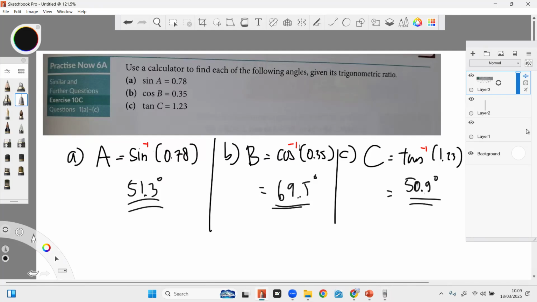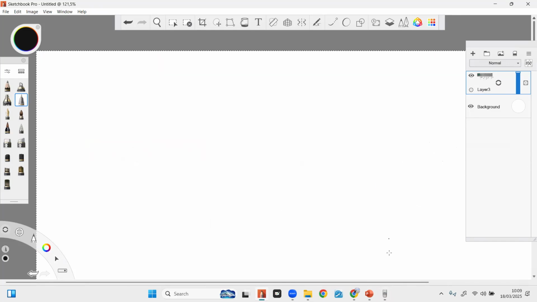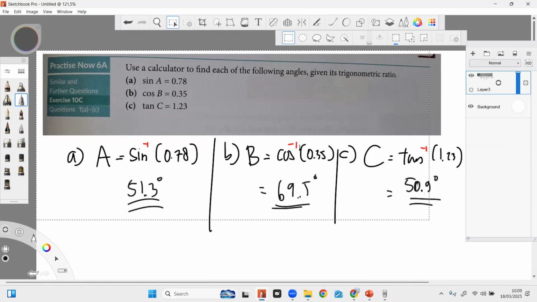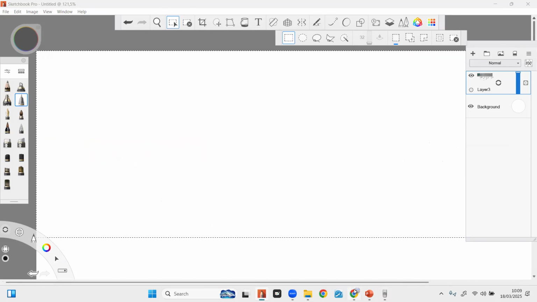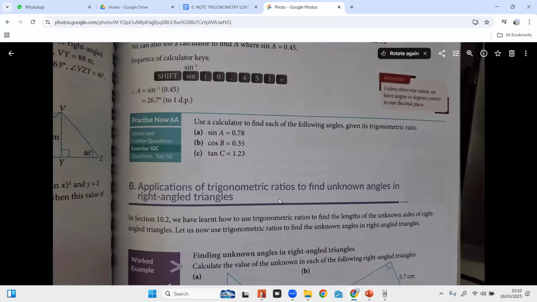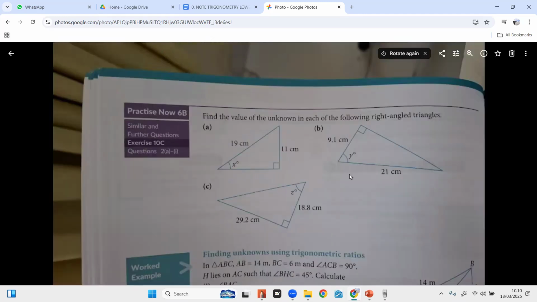Okay, that's for Practice now 6A. And we go next, go further, go fast, because I think this is easy. I'm assuming that you already understand how to use the calculator. Here, find the unknown.